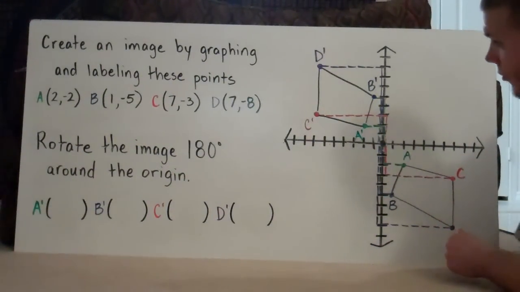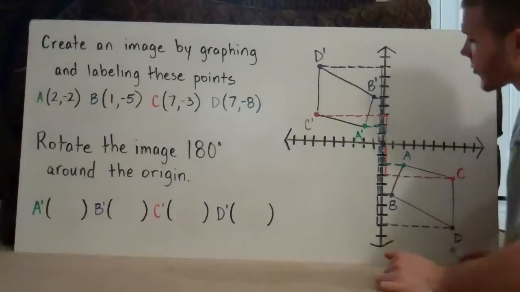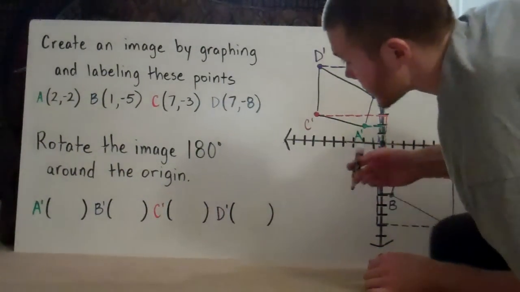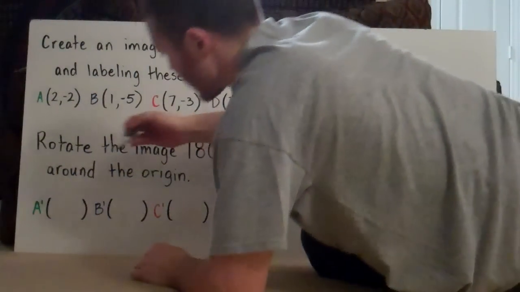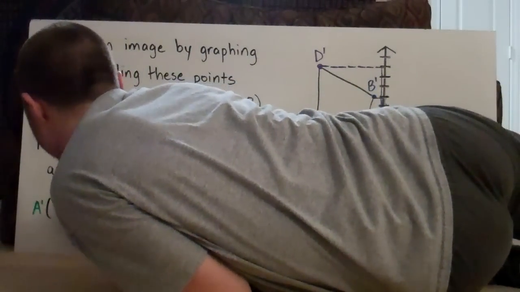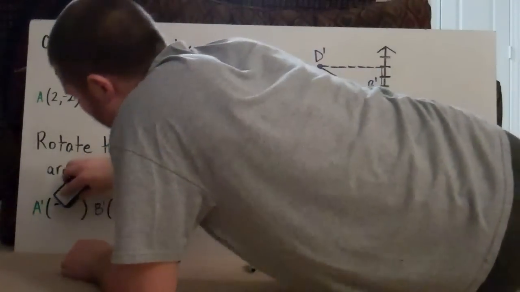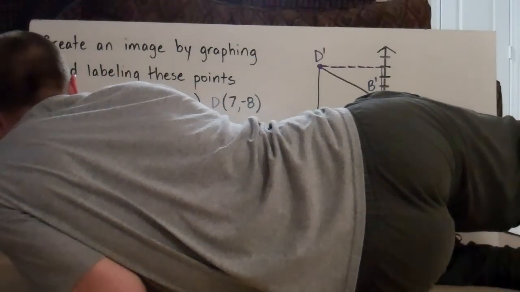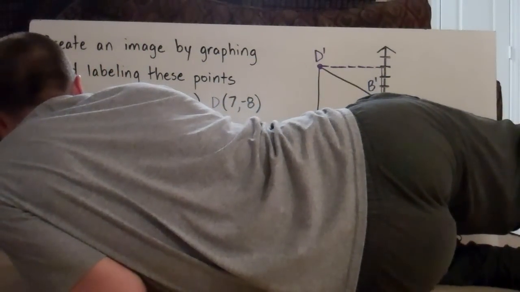Now, what are the coordinates? Well, A ends up moving to -2, +2. So I've got in here -2. Oh, you know what? I'll move this a little bit. -2, +2.